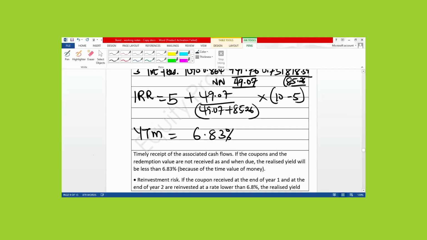Number one reason, timely receipt of associated cash flow. If the coupon and the redemption value are not received as and when due, then the realized yield will be less than 6.83%.